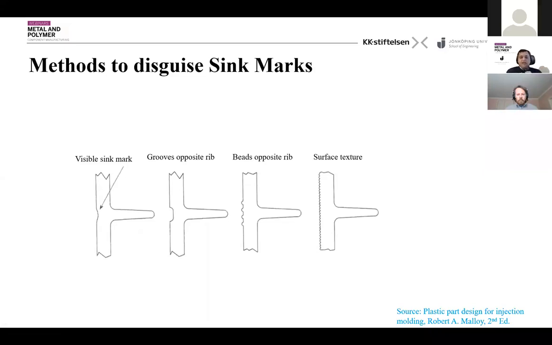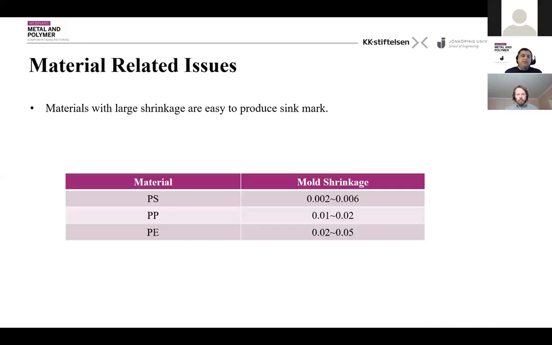And sometimes the molders use blowing agents which can get rid of the sink marks. Last thing is, we know that the materials which shrink more have more ability to develop the sink marks.